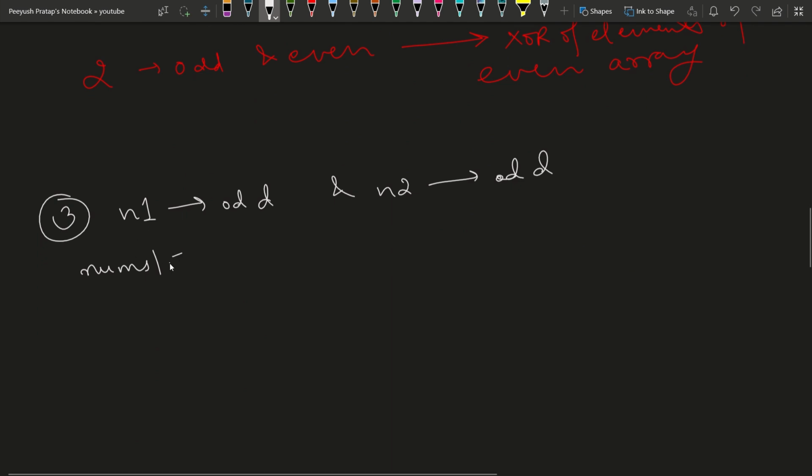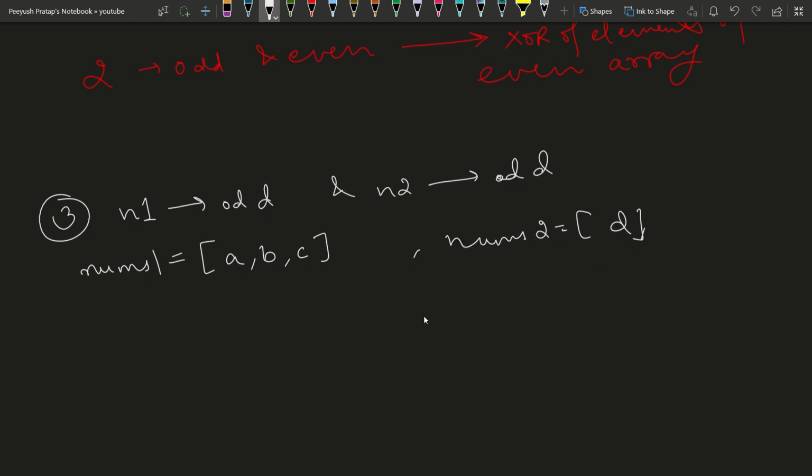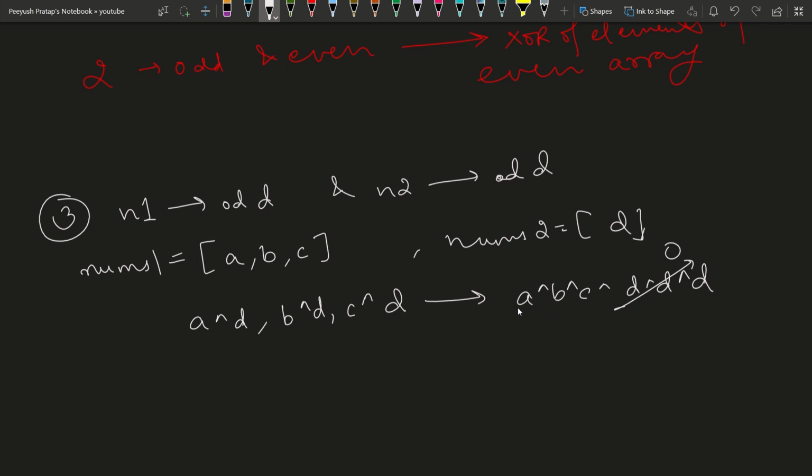So if we think, A, B and C, and nums2 can be D, then A XOR D, B XOR D and C XOR D. And if we make it like this, A XOR B XOR C XOR D XOR D XOR D, it will cancel out. So what is this point? It is the XOR of this array. What is this? XOR of this array.